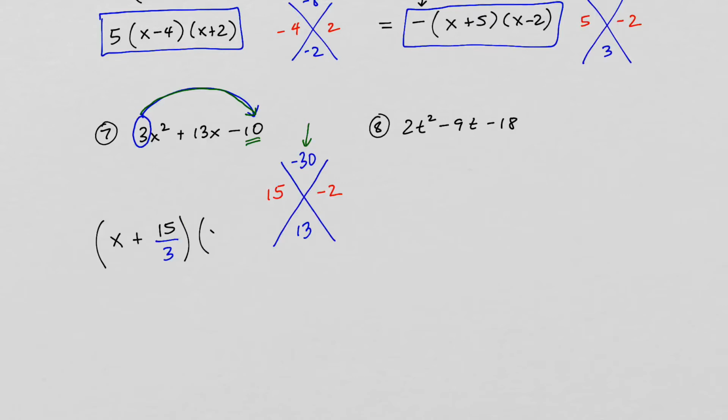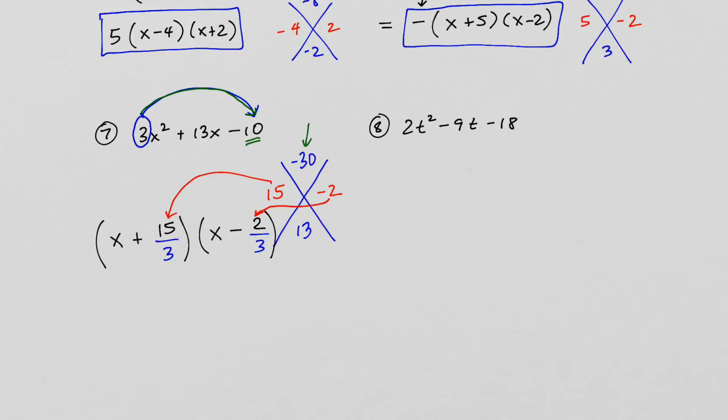And for the other one, it's x minus 2, but again, we're going to divide the 2 by the leading coefficient, which was 3. So we take these two numbers, but we divide each one by that leading coefficient.